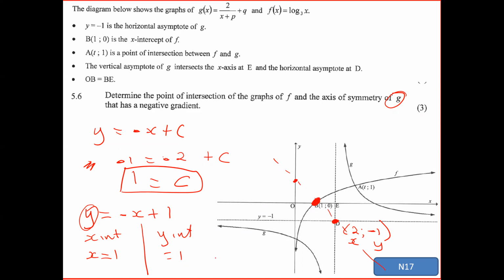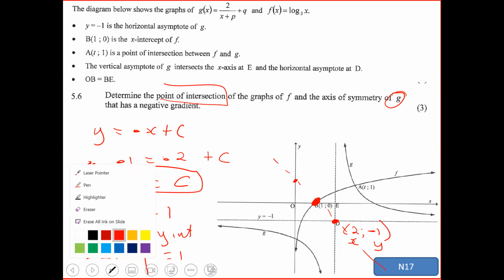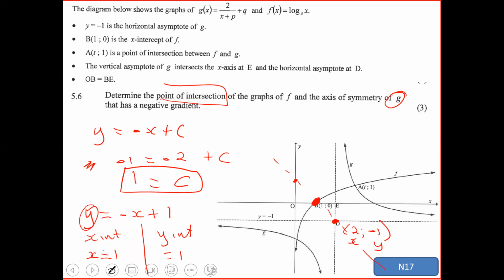So we can conclude that the point of intersection is actually the point B. And that point B is given to be 1, 0. So that is the point of intersection.